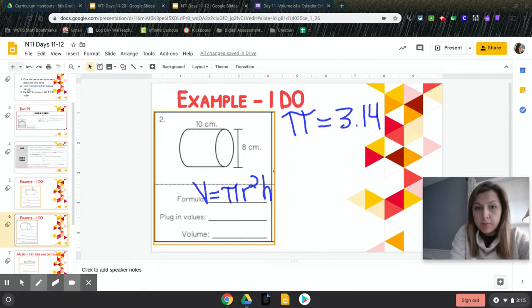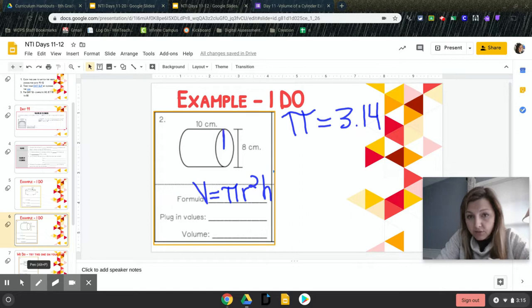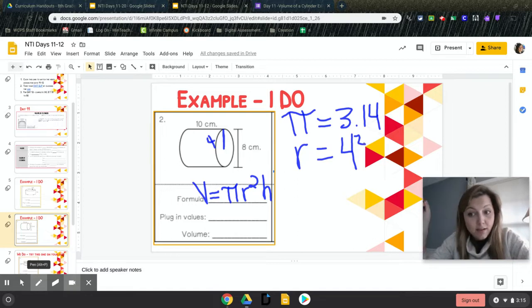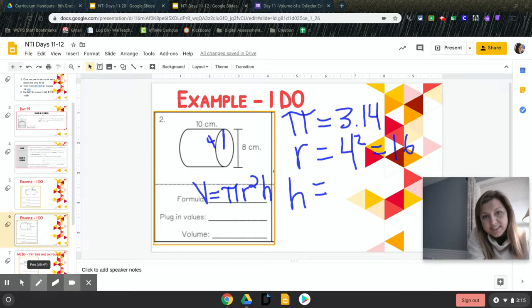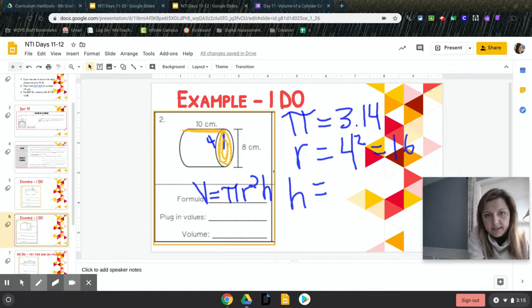Our radius, remember, our radius is halfway across our base. Our base is 8 centimeters in diameter, so we have to divide that in half. So our radius is going to be 4 centimeters, and we're going to square that. 4 squared is, go ahead and say it, 16. And then our height, remember our height is our distance between the bases. So here is your base.